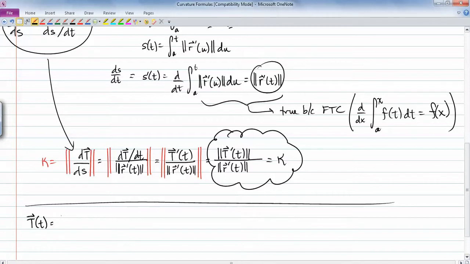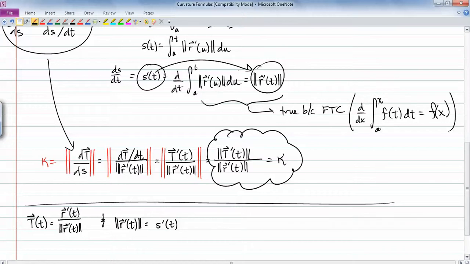Okay, we know that T of t is r prime of t over the magnitude of r prime of t. And we know that the magnitude of r prime of t is equal to s prime of t from up here. All right, so what else do we know?